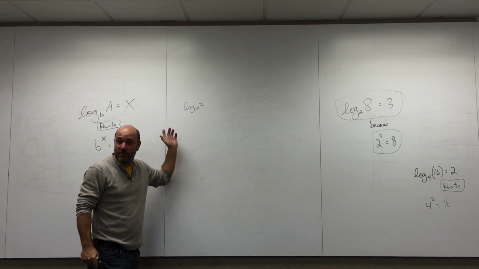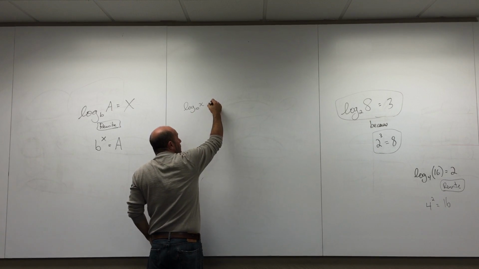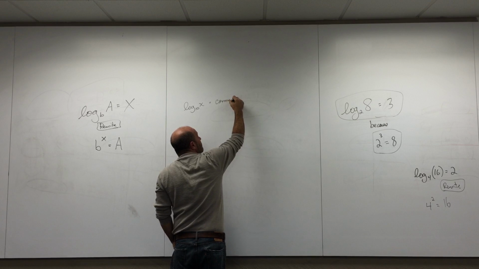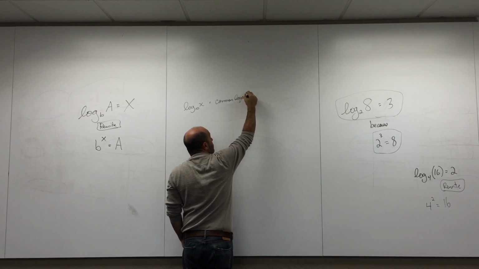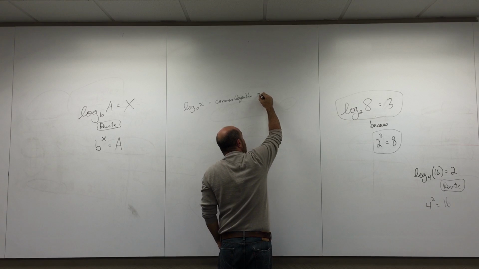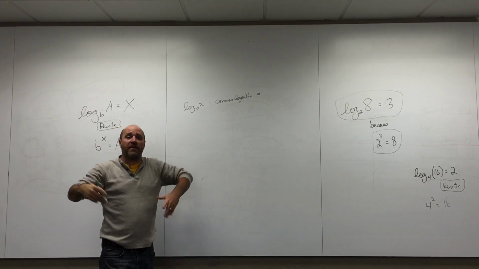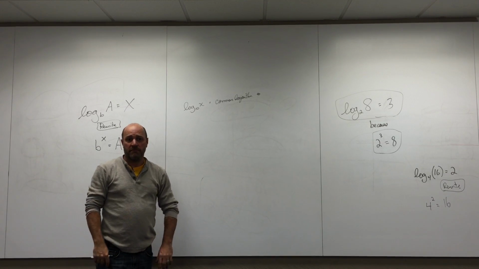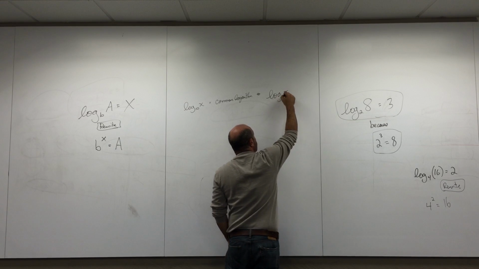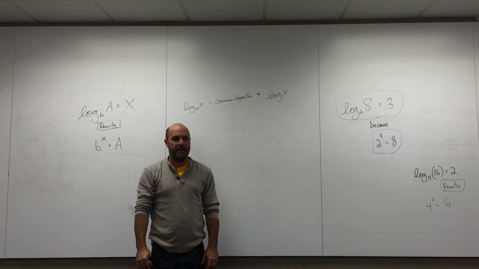Log base 10 is so common, sometimes they call it the common logarithm. Nowadays they say you don't have to write the little 10. If you just write log, we know it's base 10.